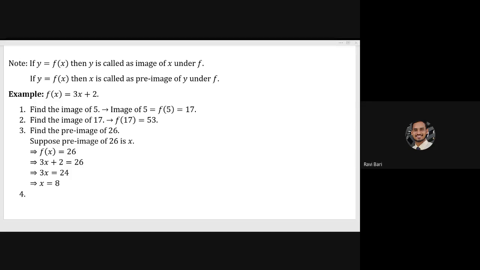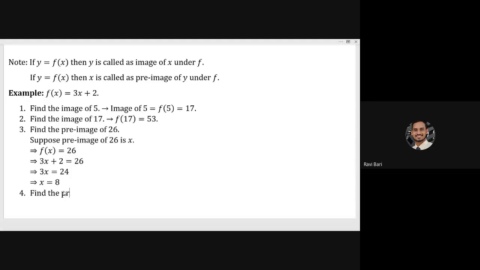Pre-image of 53 is 17. Very good. Okay. Let's take one more example. Find the pre-image of say 32. Find the pre-image of 32.